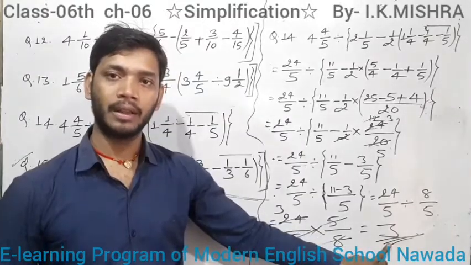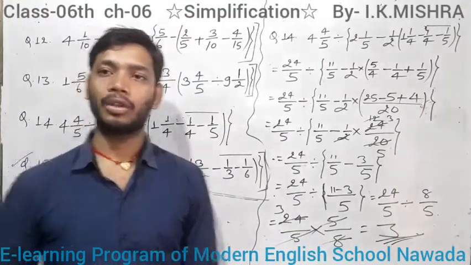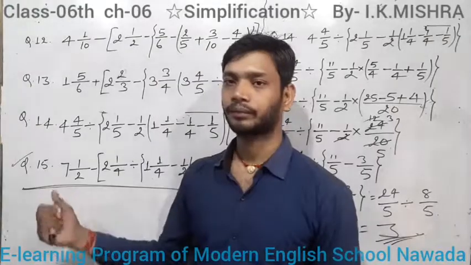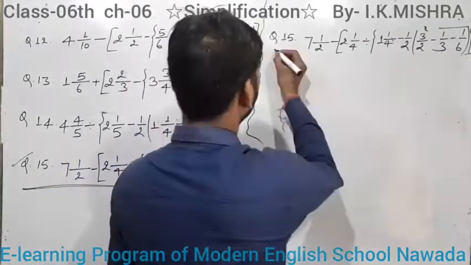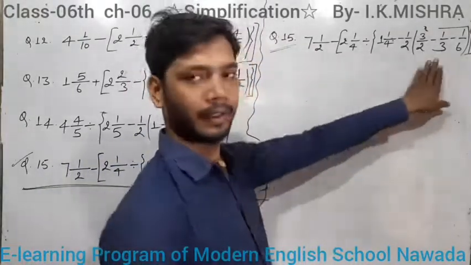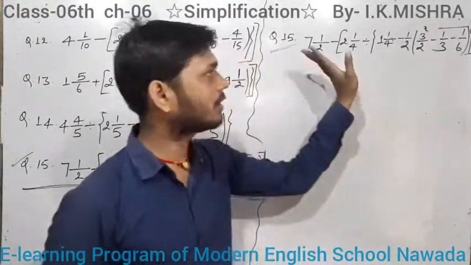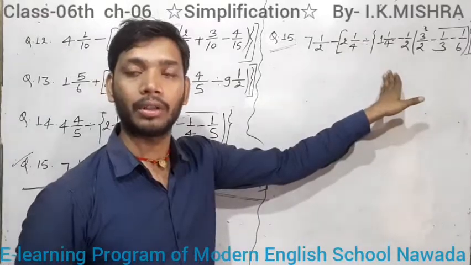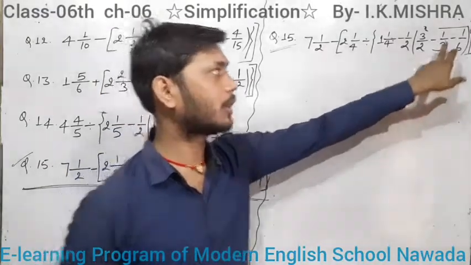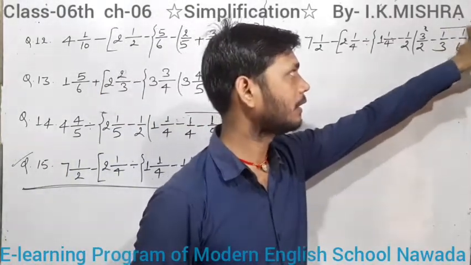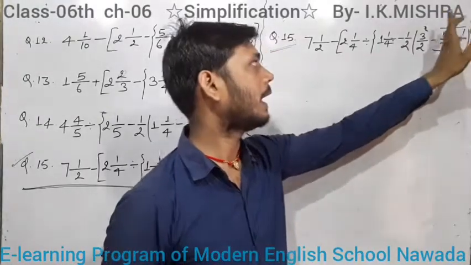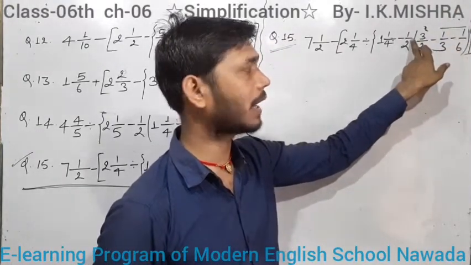Clear students? Now proceed to question number 15. Students, here question number 15 is written, and here to solve. Also observe, this question is just like the previous question number 14. Here observe, a bar bracket is given, one bar bracket, and the multiplication sign is hidden.